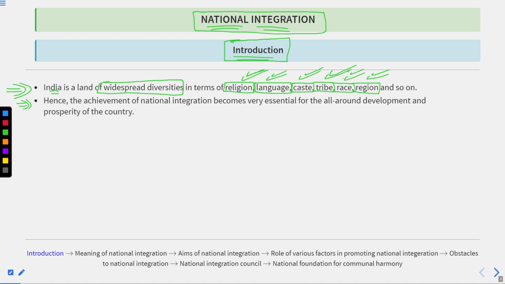So we can say, hence, the achievement of national integration becomes a very essential part of all-round development and the prosperity of the country. Why?